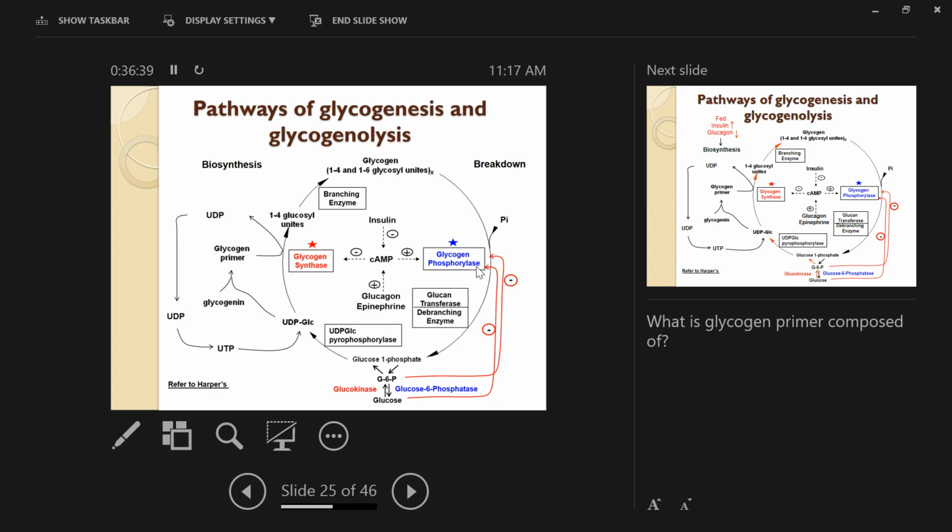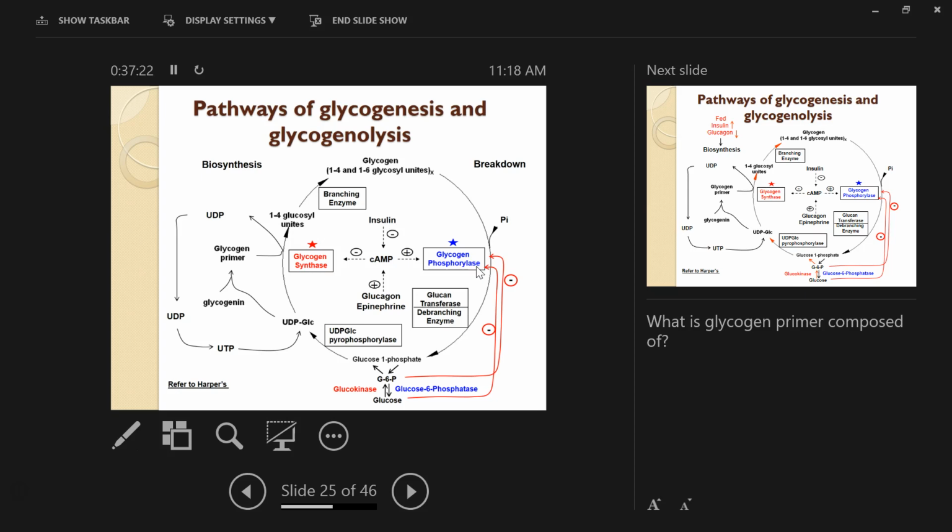So when this substrate accumulates, the key enzyme will be inhibited, which reduces glycogen breakdown. So glycogen cannot be broken down and accumulates. That explains why in glucose 6-phosphatase deficient patients you have glycogen accumulation in the liver.